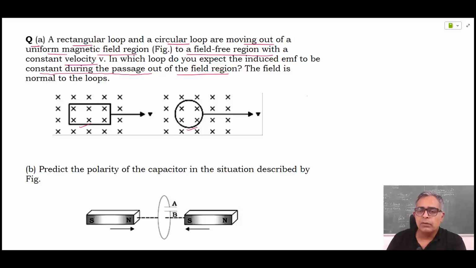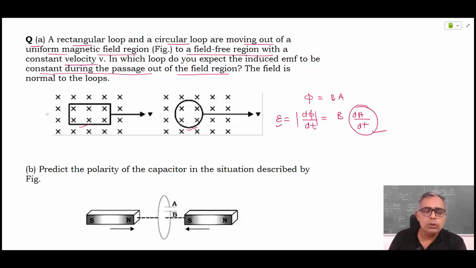For this we have to focus on the formula phi equals BA, assuming cos 0 degree is 1. Now to induce EMF, we have to look for the rate of change of magnetic flux, taking the modulus. Here B is constant, but what is changing? dA by dt. If you want a constant EMF, this can only happen when the rate of change of area is constant.